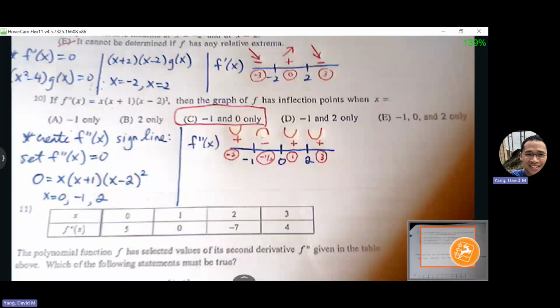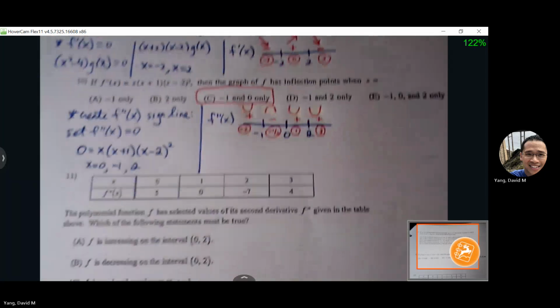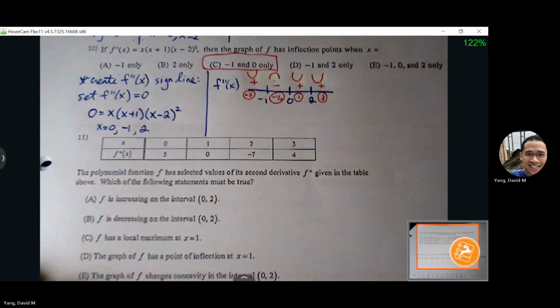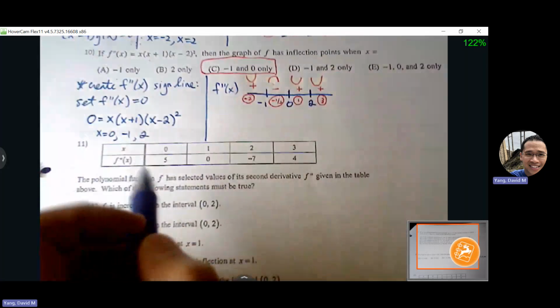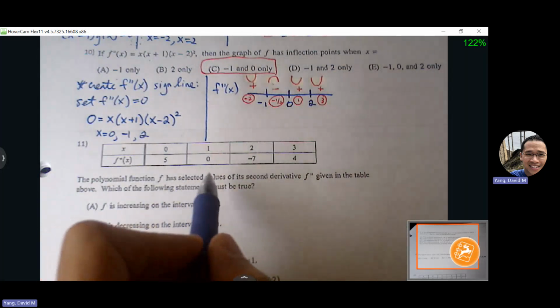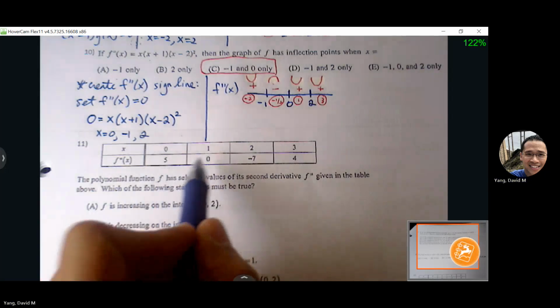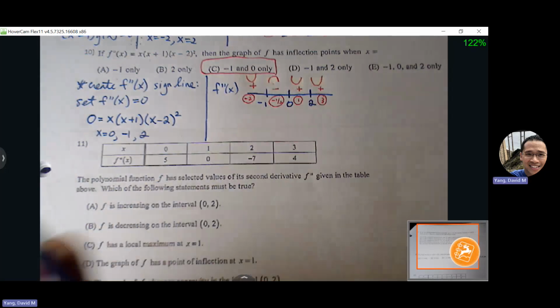Okay, number 11. The polynomial function f has selected values of its second derivative given in the table. Which of the following statements must be true?